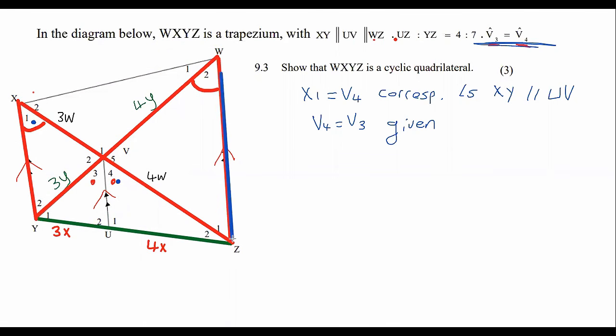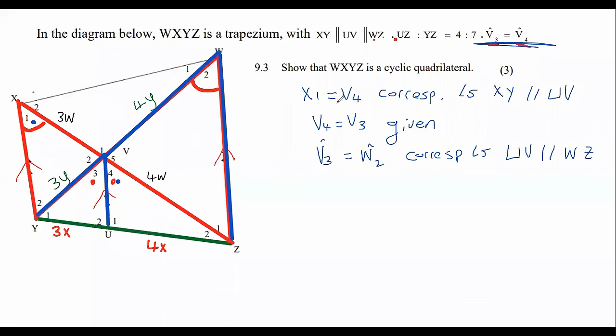We could look at this corresponding angle. See that? And so we can then say that angle V3 is the same as W2 because of corresponding angles. Why? Because UV is parallel to WZ.